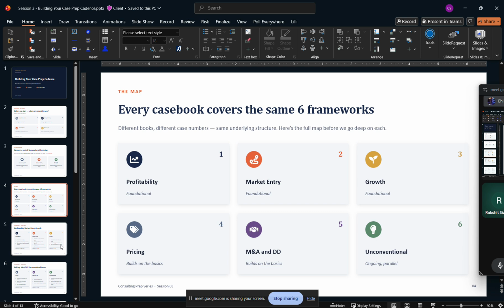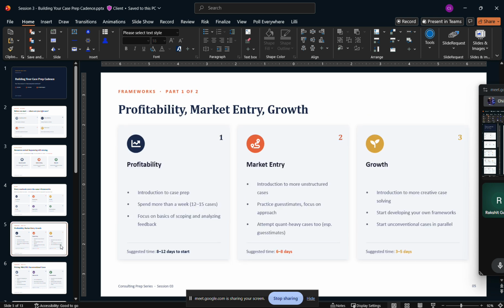Okay, let's go ahead. Let's start with all of them one by one. First is profitability. Profitability is very straightforward. The questions are most likely around revenues declining, costs increasing, net profit going down, could be a combination of both, etc. The most basic framework exists in all the casebooks.